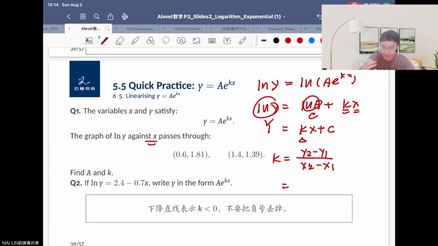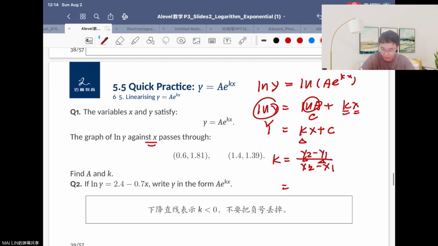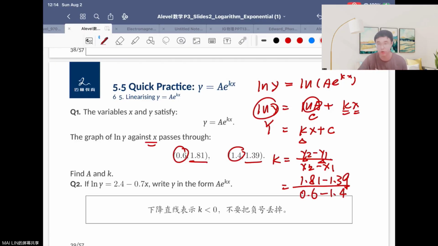Just put the values into it. For y2 minus y1, you can set 1.81 minus 1.39, right? And for x2 minus x1, x2 here is 0.6 and x1 is 1.4. So using 0.6 minus 1.4, you can calculate it.